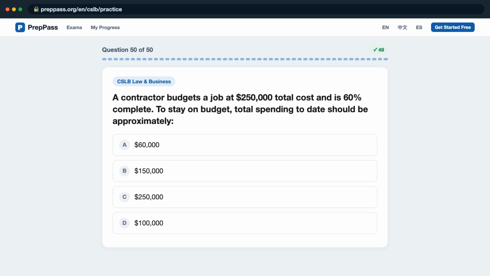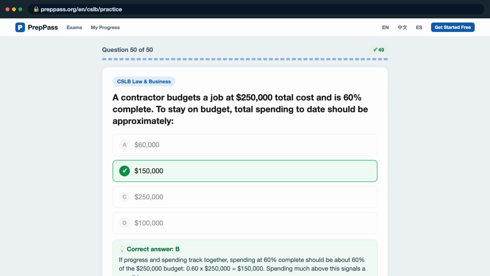Question 50. A contractor budgets a job at $250,000 total cost and is 60% complete. To stay on budget, total spending to date should be approximately, is it A, $60,000, B, $150,000, C, $250,000, D, $100,000?